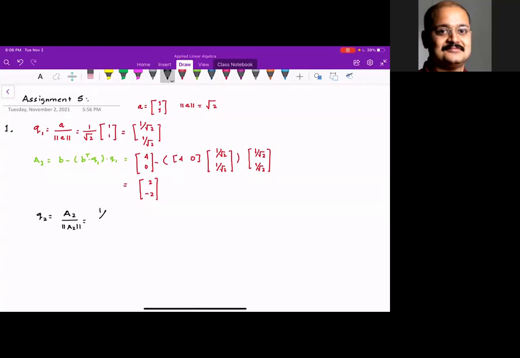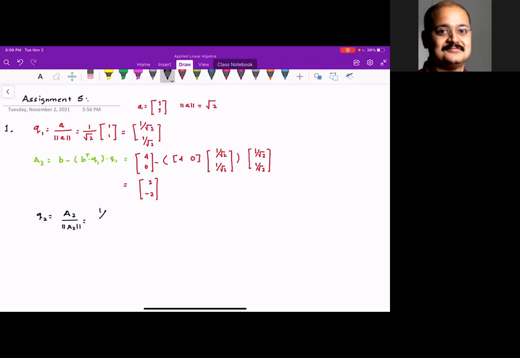B minus B transpose Q times Q, right? Okay, in the question it said A transpose Q1, right? That is not Gram-Schmidt.